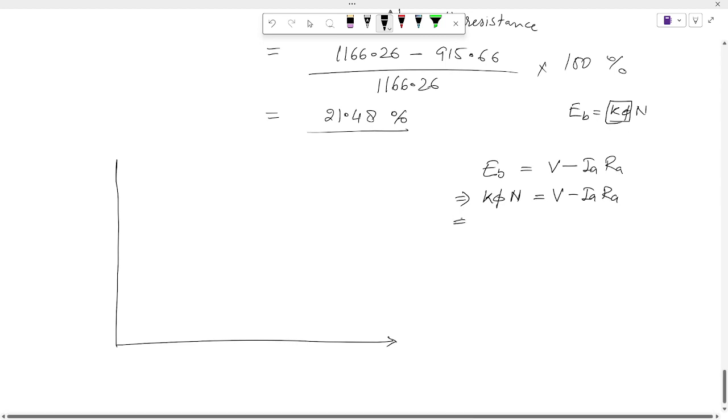So can I write speed N as a function of current? Supply voltage is fixed, so I will write N equals V minus IA RA by K phi. Yes or no?